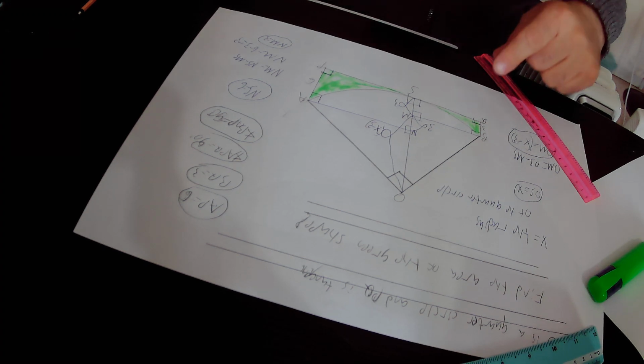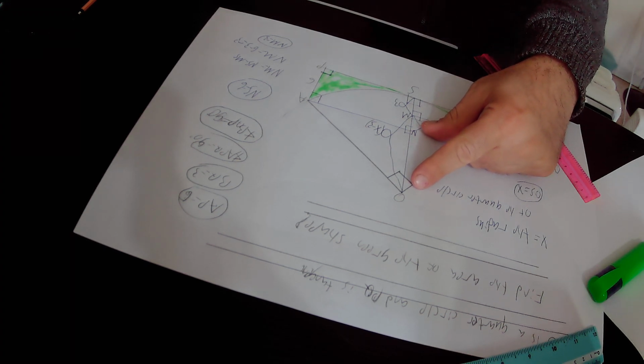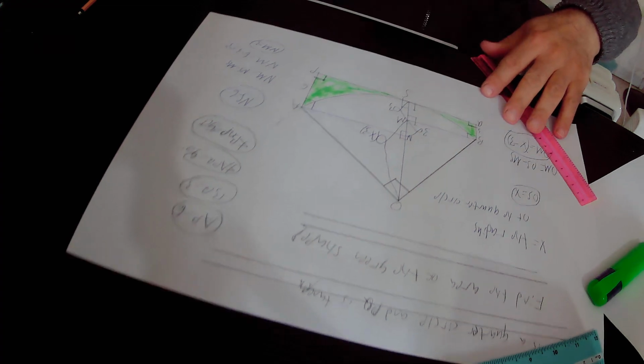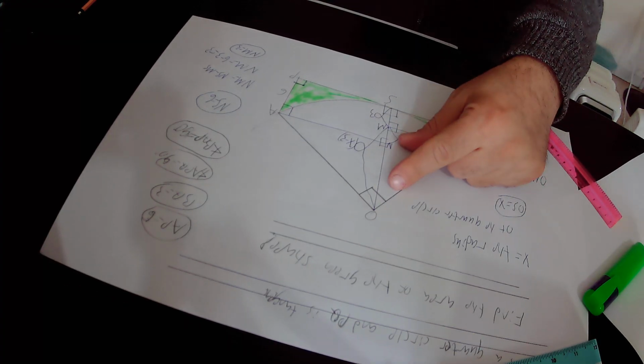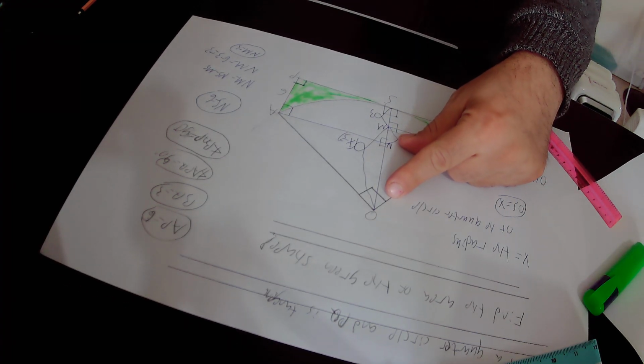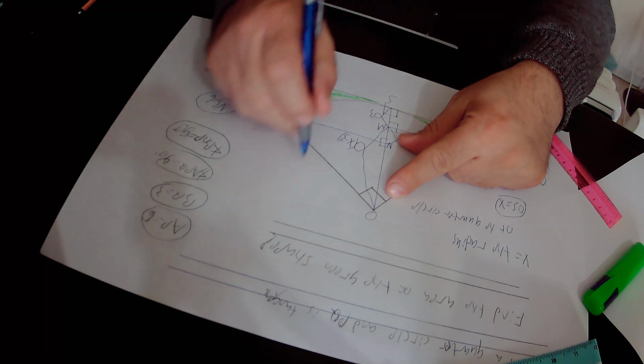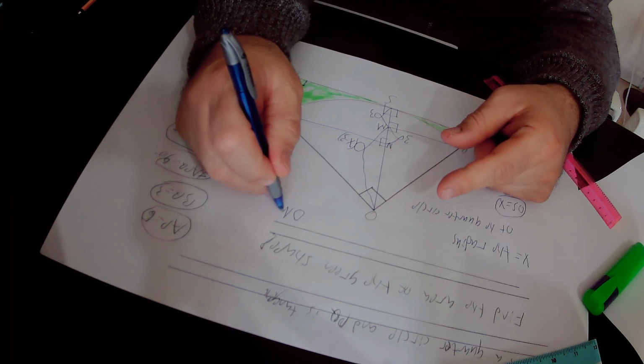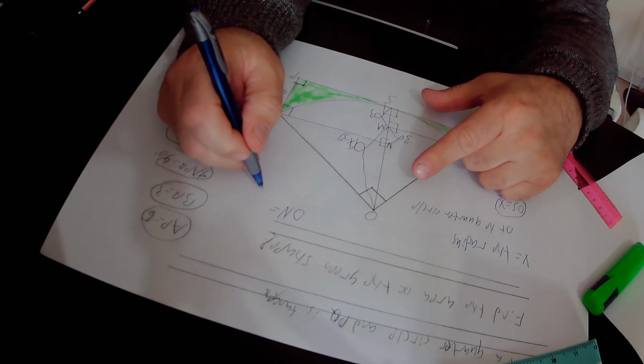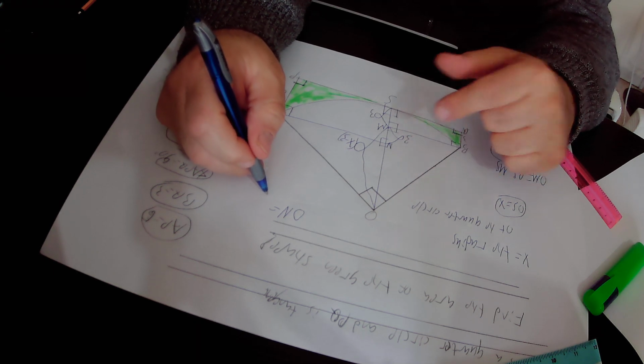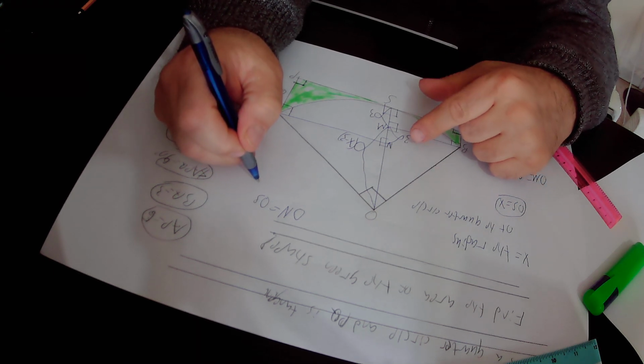So what is the length of line segment ON? ON is equal to OS minus NS.